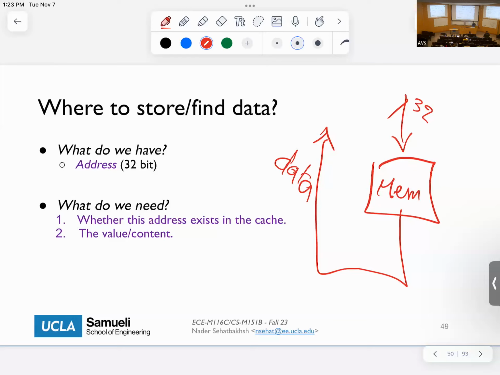Of course, for our memory, miss or hit doesn't matter. You always have the data in the memory. But since the cache is only a subset of memory, there might be a scenario where you're going to have a cache miss. So for your cache, you really need to know whether your data exists in the cache or not.